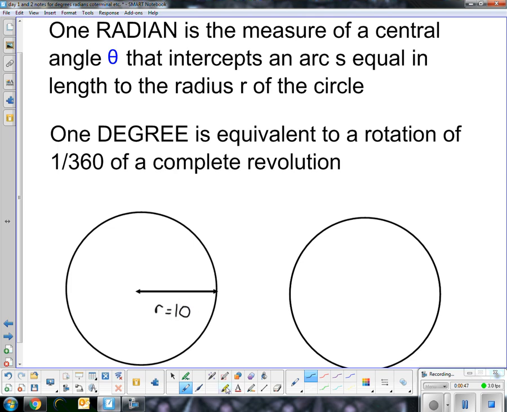And if I can measure 10 units around the outside of this circle, maybe about there, then I have completed 1 radian measure. So this rotation is equal to 1 radian.